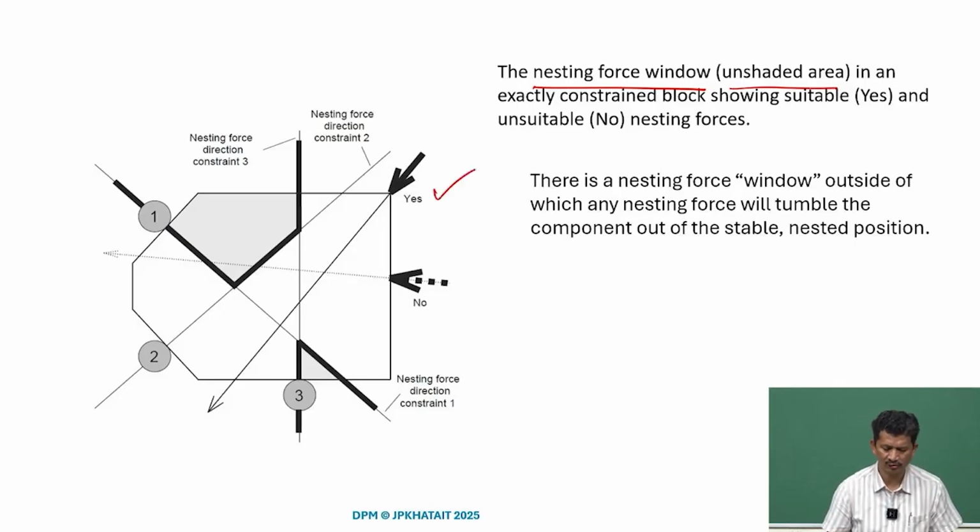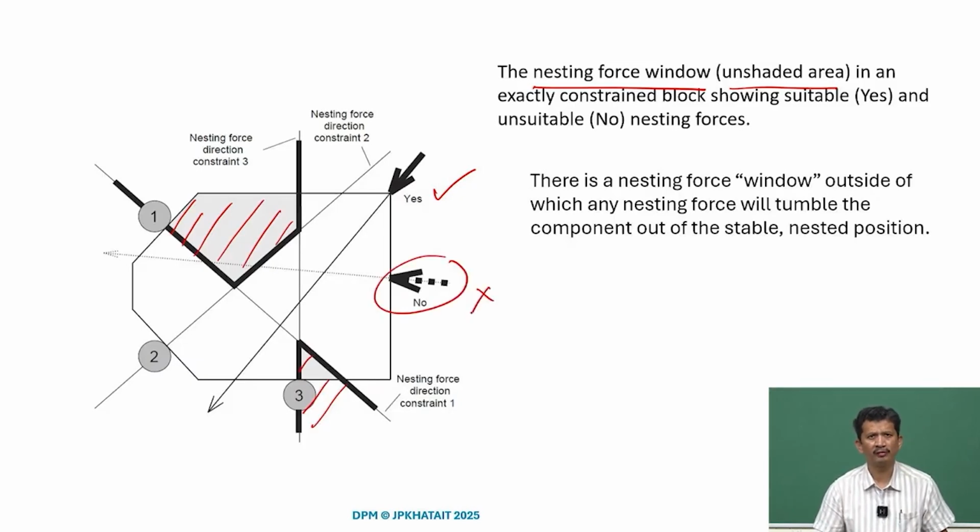It's a feasible solution. If it's passing through the shaded region here, it's a no. It's not going to give sufficient nesting force. So not all the contacts will be made and it will get lifted.